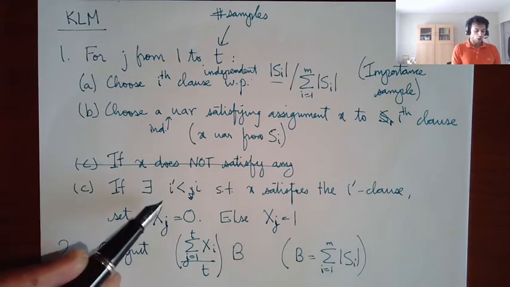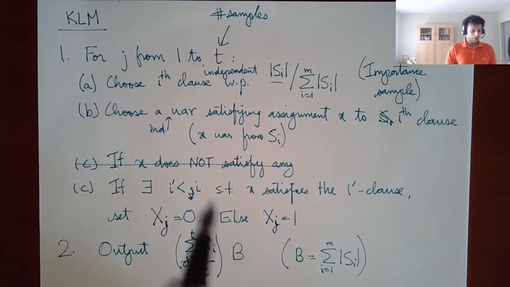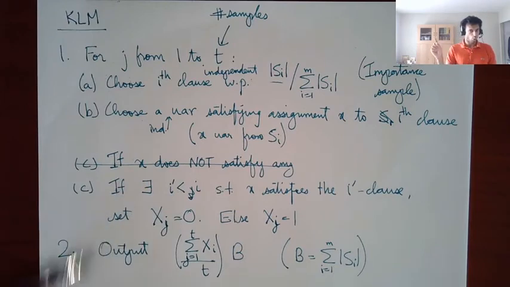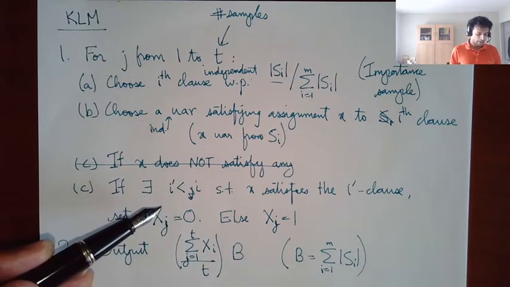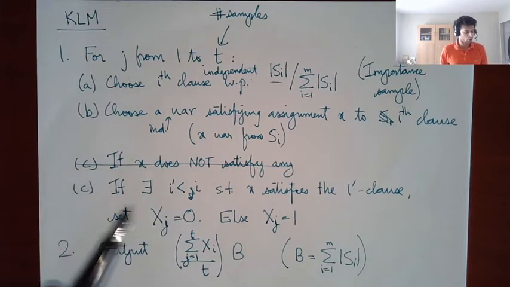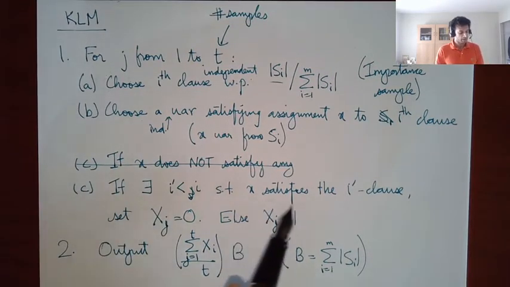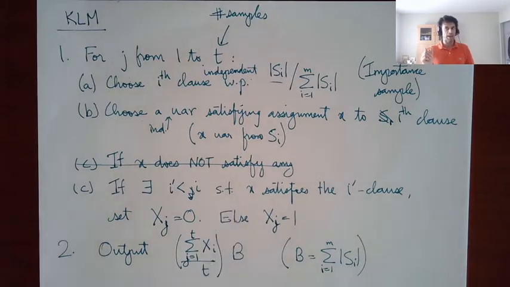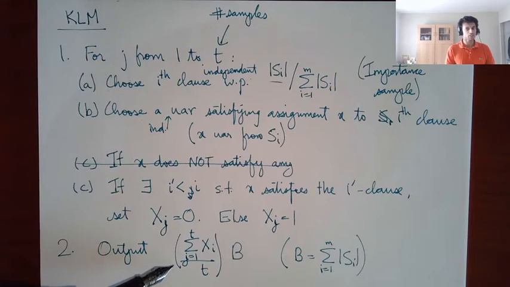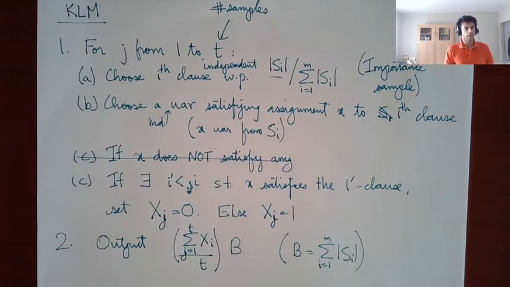We will look at all the clauses that are less than i. Remember, the clauses are numbered 1 to m. If x satisfies any clause that is less than i, you just set the trial to be a failure. Otherwise, you say the trial was a success. You look at the fraction of successes and you multiply by b, and that is your output.